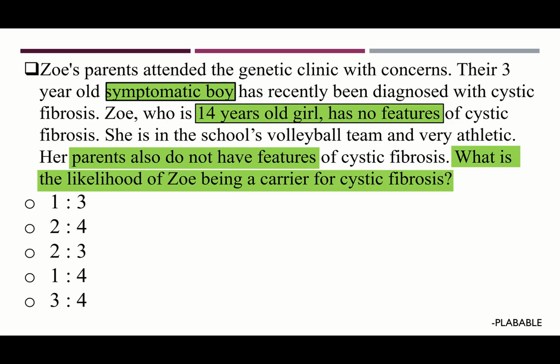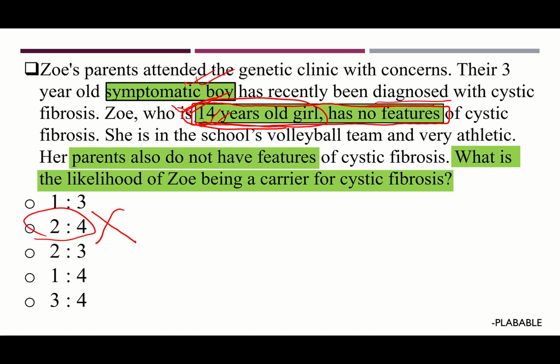So this should have been 50%, right? Most people will mark 2 out of 4, but this is wrong. Remember, I said this line here is very important. This line alone changed the whole face of the question. A 14-year-old girl, already 14, having a symptomatic brother who has already been diagnosed.